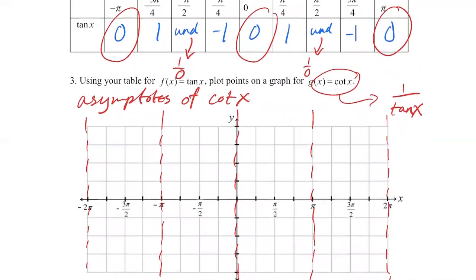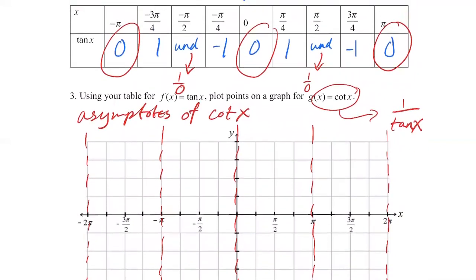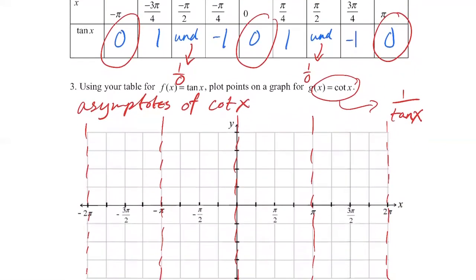Let's add other points. Okay, remember, we're doing 1 over the value of tangent. So negative 3 pi over 4 shows up here. And we are saying that it is 1. So 1 over 1 is still 1.